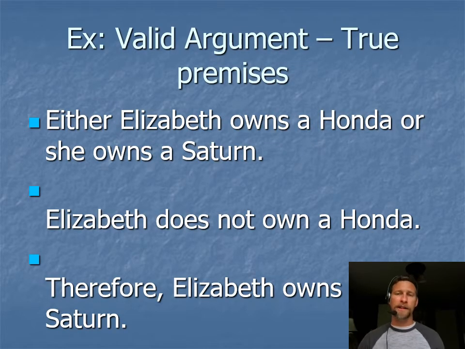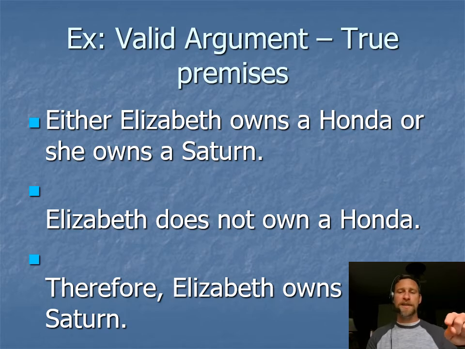So here's an example of a valid argument that actually has true premises. Either Elizabeth owns a Honda or she owns a Saturn. Elizabeth does not own a Honda, therefore Elizabeth owns a Saturn. So the point of a valid argument here, or trying to evaluate the validity here, is that you can reach the conclusion that Elizabeth owns a Saturn if we accept the two premises above it. If we accept.